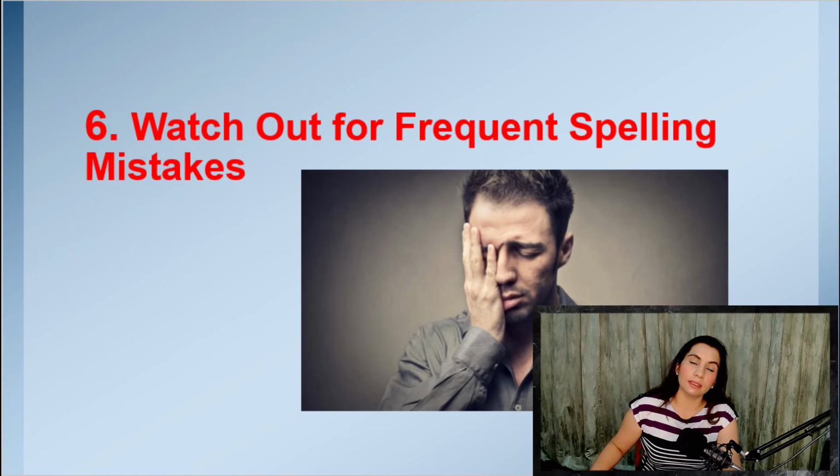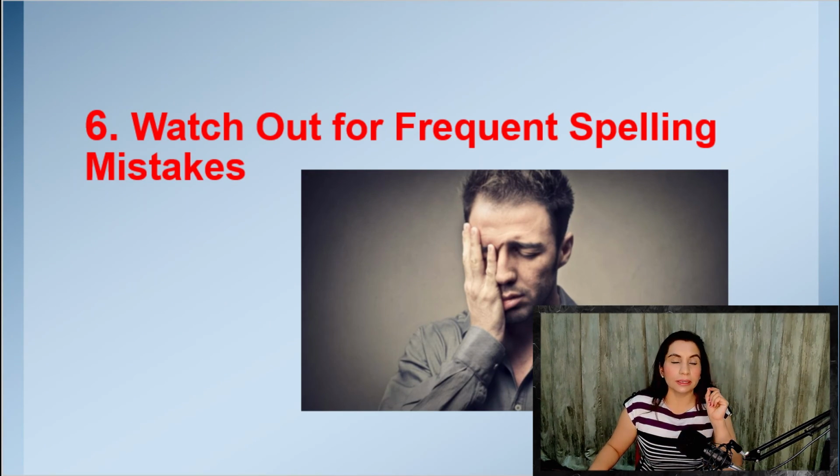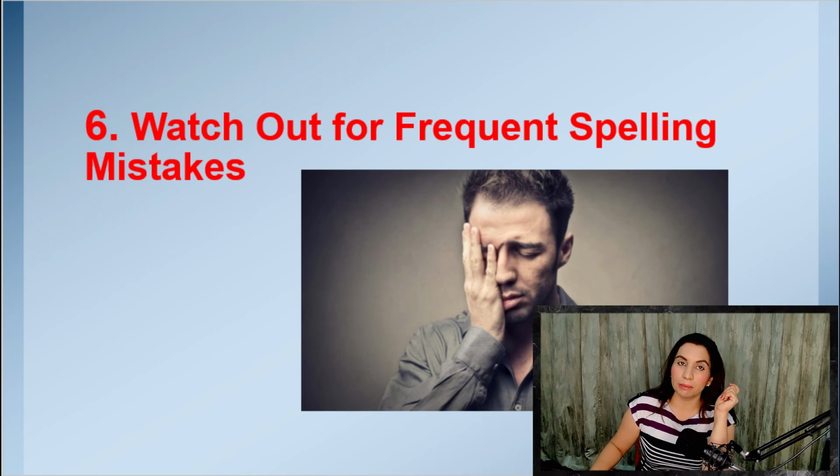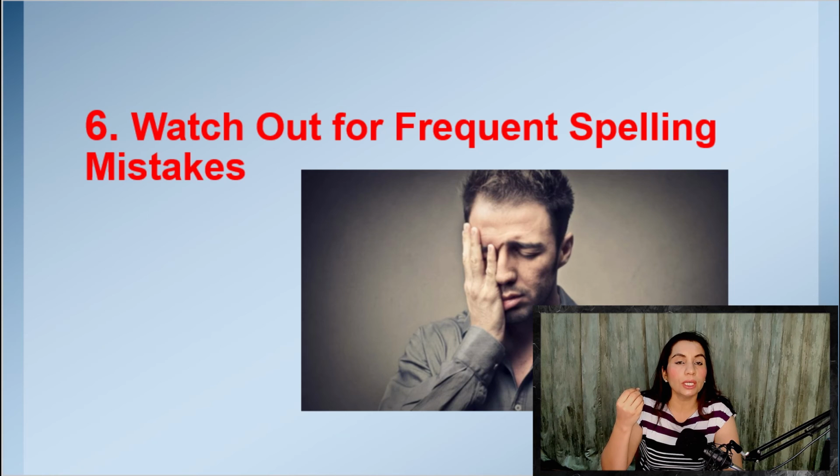Now the sixth important thing we have to take care of is to watch out for frequent spelling mistakes, because spelling mistakes will take away your marks in the writing as well as in the reading section, because in reading we have to find the correct answers, and similarly in listening you have to listen to the spellings properly.